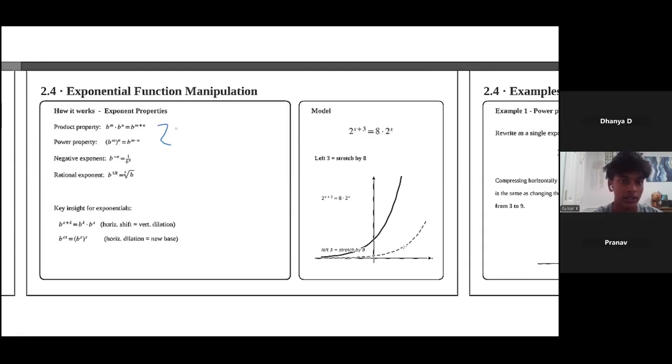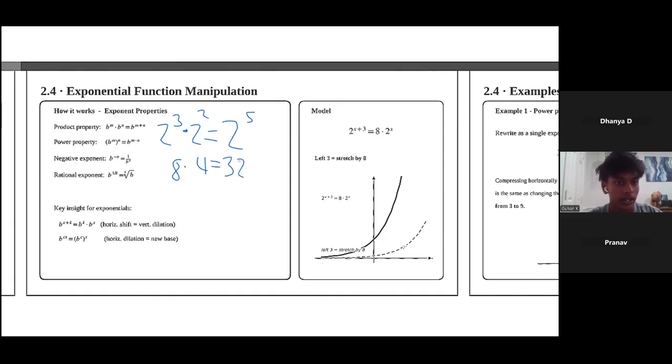And 2 is b, times 2 to the power of 2, this would equal 2 to the power of 3 plus 2, which is 2 to the power of 5. And we can test this. 2 to the power of 2 is 4. 2 to the power of 3 is 8. 8 times 4 equals 32, which, if you know your 2's powers, 32 is, in fact, 2 to the power of 5.